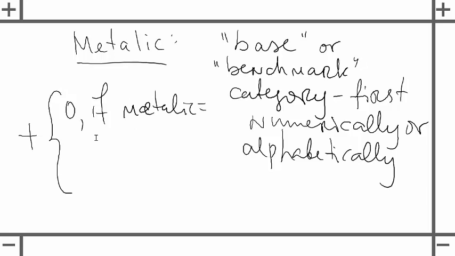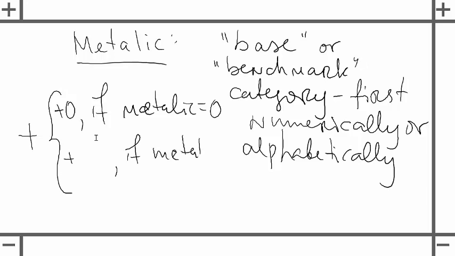Which one is numerically first? 0, right? If metallic is 0, it means the car has a non-metallic color. Then nothing is being added to the equation. That's plus 0, okay? And plus whatever is left in the equation if metallic equals 1.